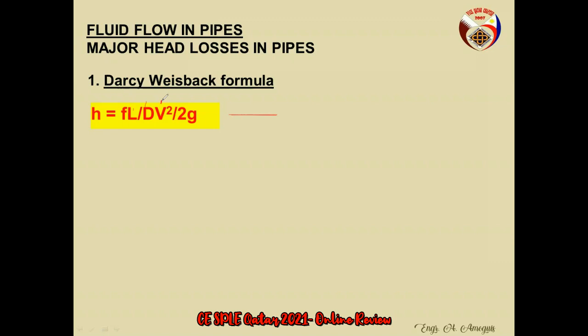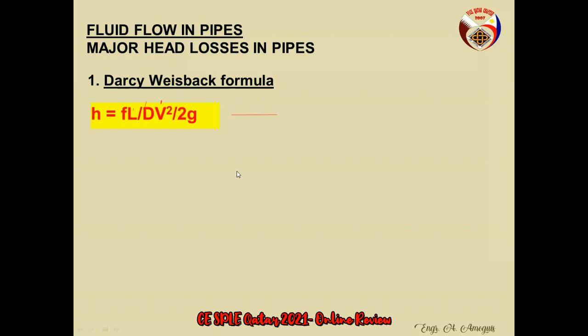The minor loss is, let us say, when the diameter changes, or there's an angle, 90 degrees or 45 degrees, or a change in size. It is a certain coefficient times velocity head. Those are just minor losses, but let's focus on major loss because this is what is always considered.